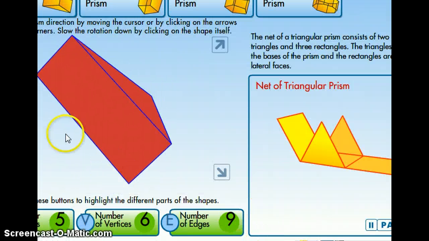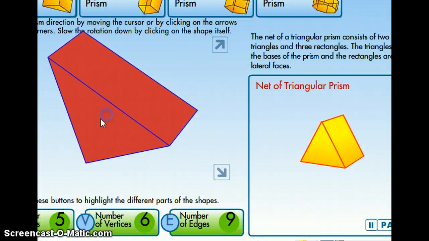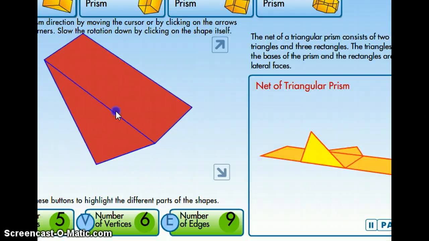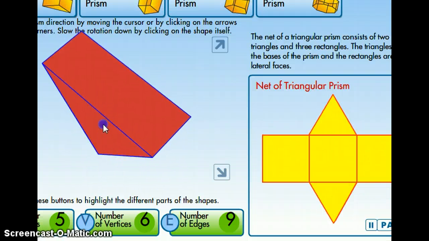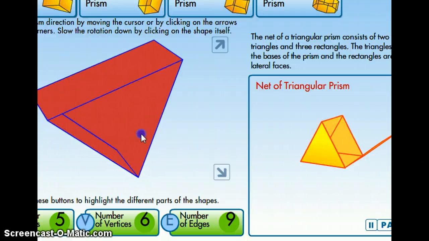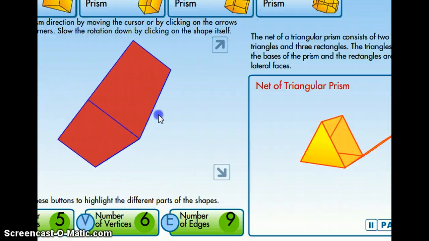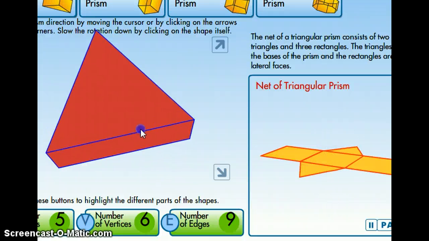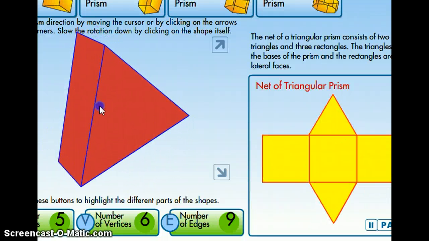So, if you take a look at this triangular prism here, what we're going to want to figure out is the area of each of these faces, and then add them all up. And that's going to help us find the surface area.